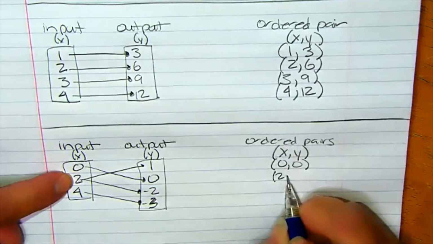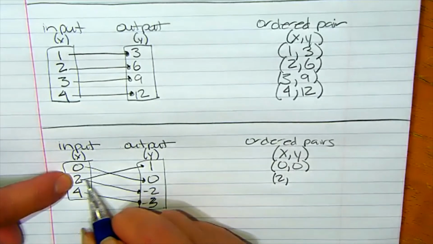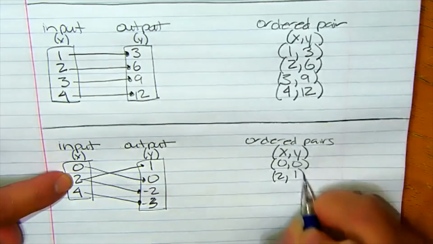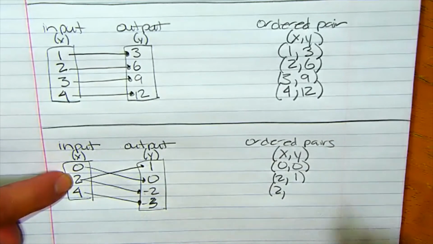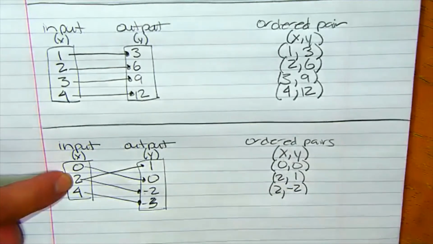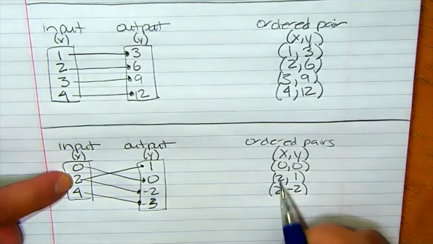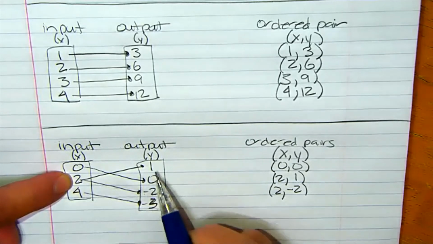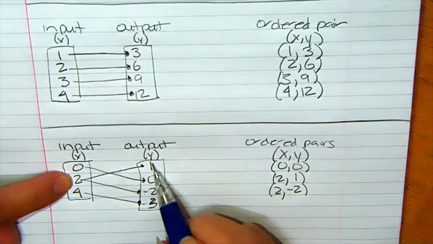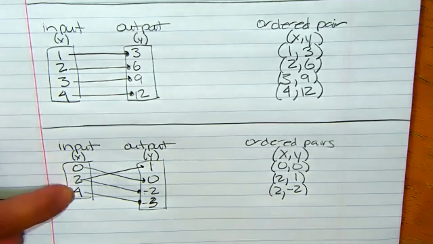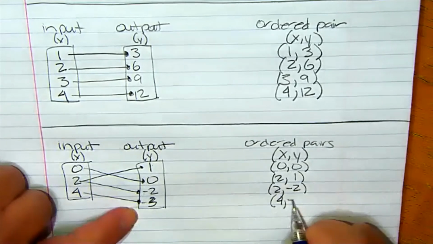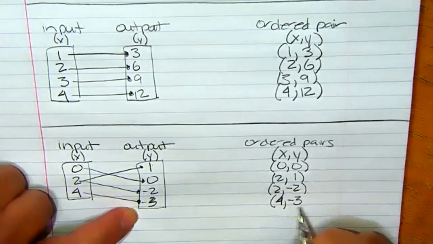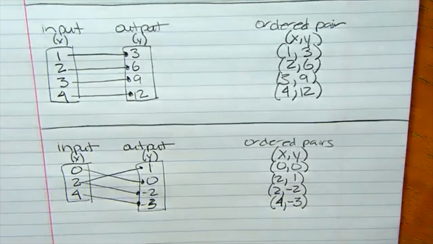If I input 2, it could spit out a 1, or it could spit out a -2. So 2 here has 2 different outputs. And then I input a 3 and the machine spits out a 4. I input a 4 and the machine spits out a -3.